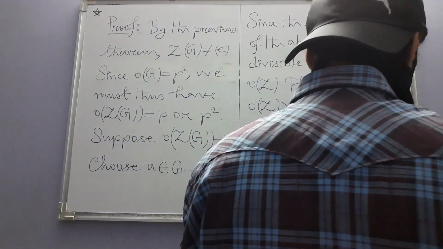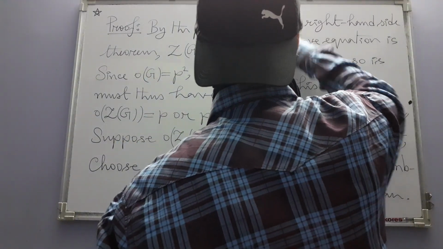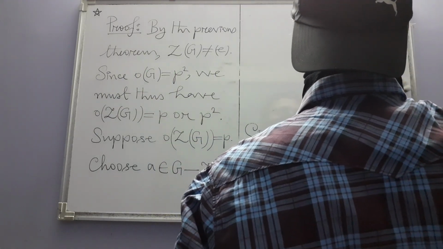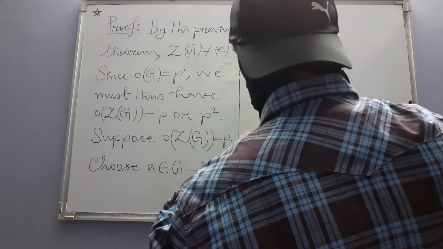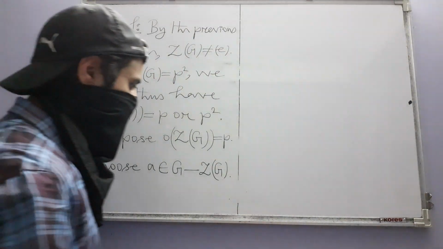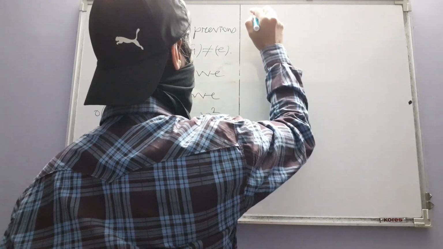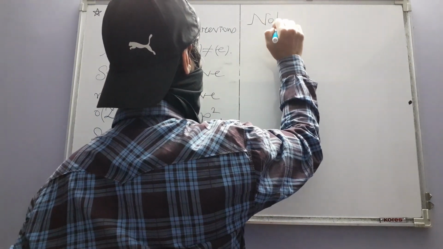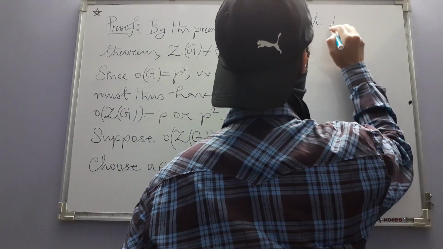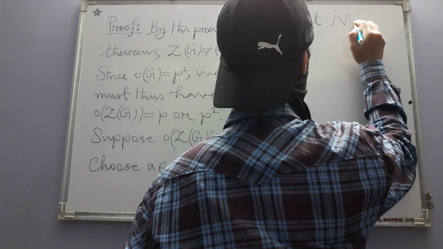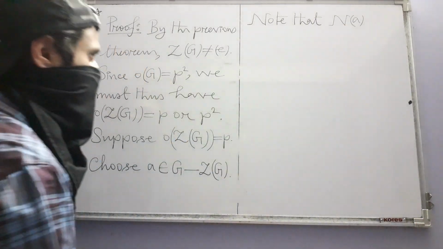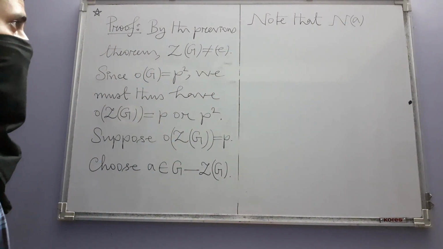Okay, now we are going to consider the normalizer of this element A. Note that the normalizer of this element, should I write all the things at once?